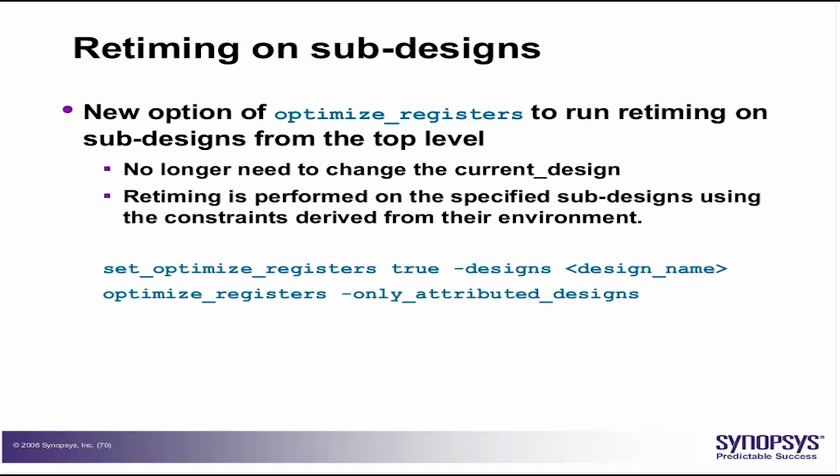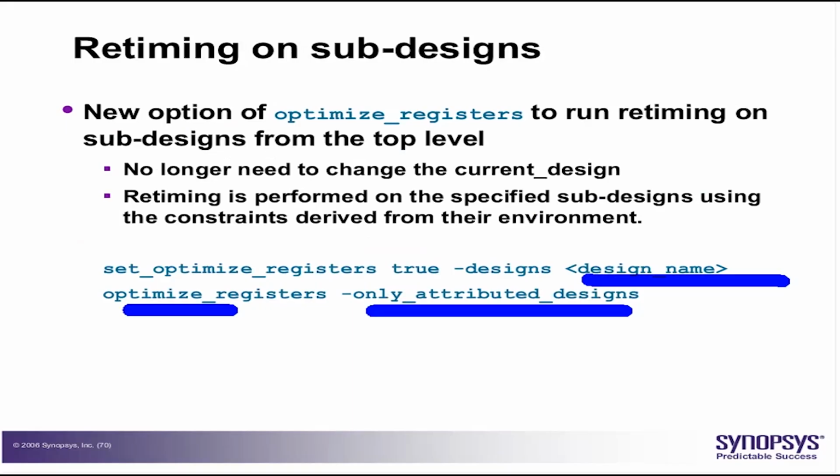Again, optimize_registers also supports register retiming on subdesigns. No need to change the current design. You just set optimize_registers to true with the design names, run optimize_registers, and it applies only to the attributed design. Commands like set_optimize_registers, set_dont_touch, set_dont_use place some attributes on the design.